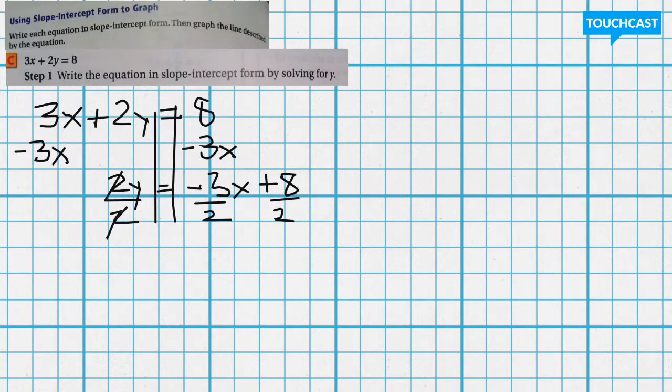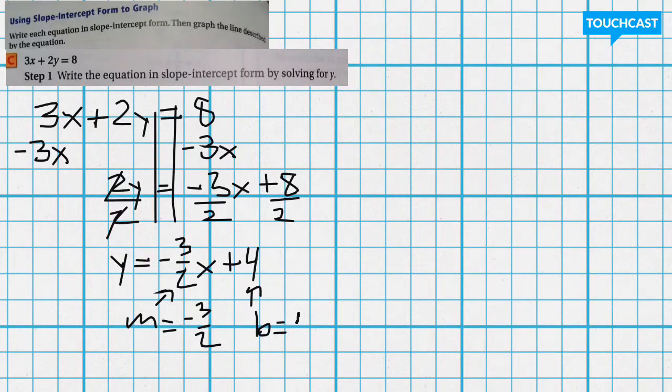So in slope-intercept form, our equation is going to be y equals negative 3 over 2 x plus 4. Now we can identify m, our slope, which is negative 3 over 2, and our y-intercept, b, which is 4.